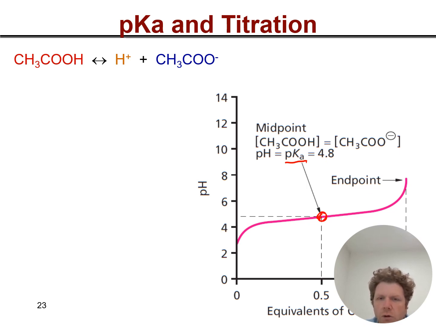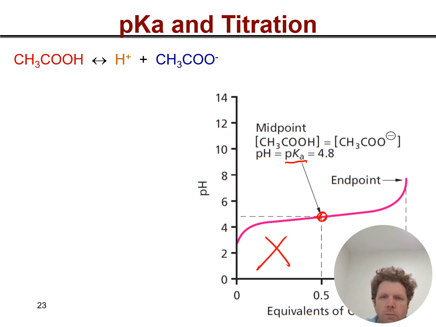So we have an equal concentration of our protonated and our deprotonated form of this acid. Now, on this side, where I put my X, what do I have a greater concentration of? The acetic acid or acetate?